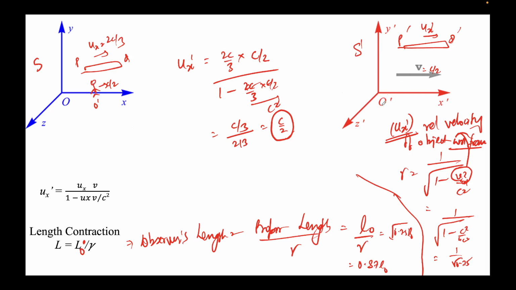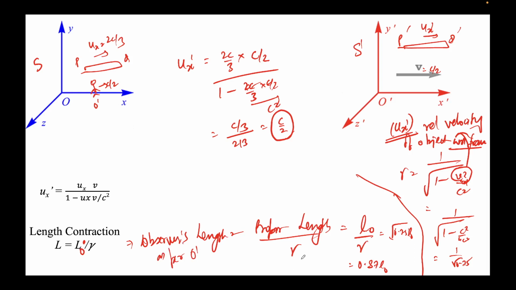This is the observer O prime, obviously at the origin, and this frame is moving at c by 2. This is the S prime frame, and just like the earlier observer was seeing this rod in S frame, similarly this observer will see this rod. Now the rod has transformed into P prime Q prime, and the velocity has also turned into ux prime. Now we needed to find the observer's length as per O prime.